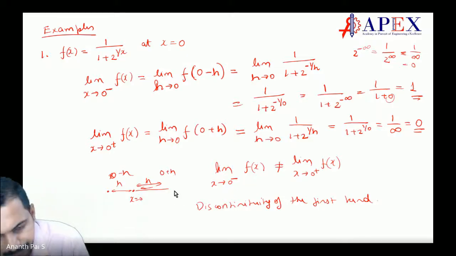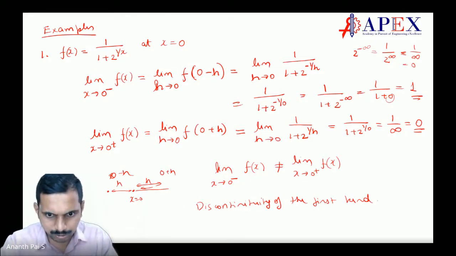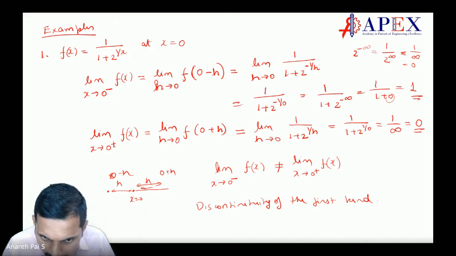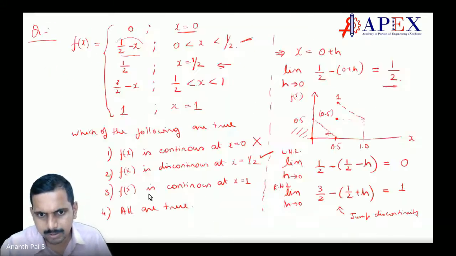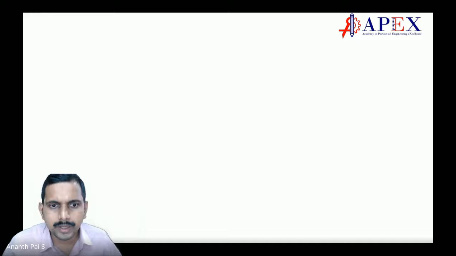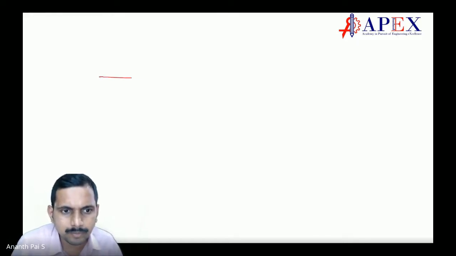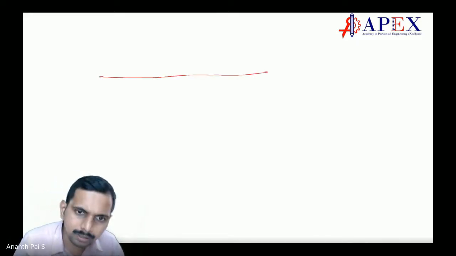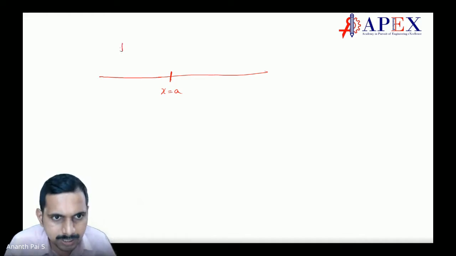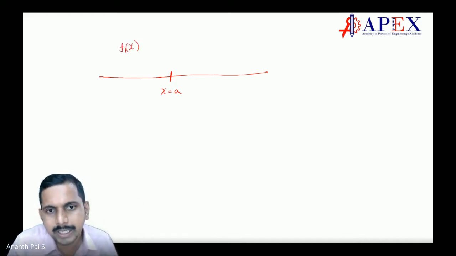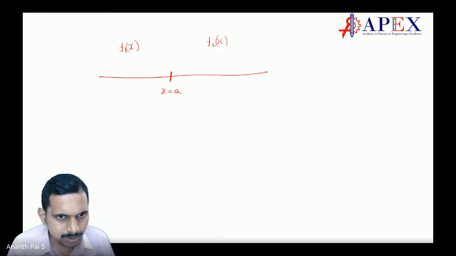See, here, when you go with x is equal to 0 minus, it may be x is equal to a. Let me explain it like that. If I have a number line, and on the number line I have x is equal to a, here I have to check the continuity. Here it is f1 of x, and here it is f2 of x, in case the functions are different.